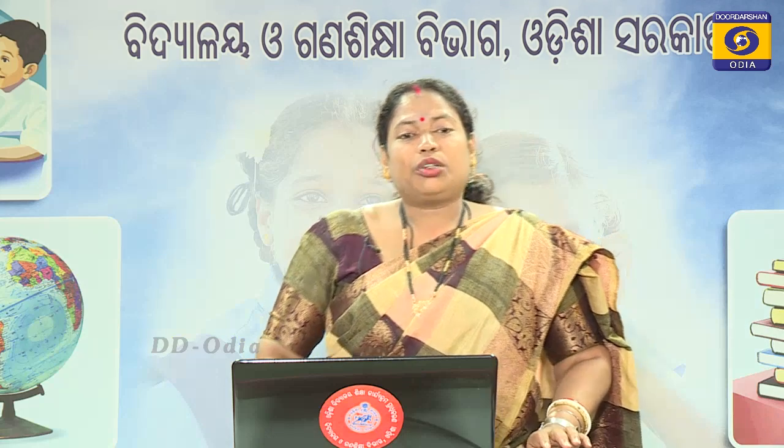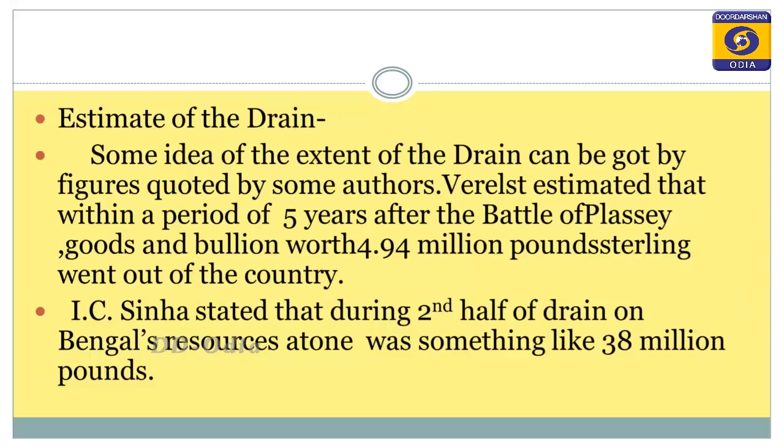Then we will discuss the estimate of the drain. Some idea of the extent of the drain can be got from figures quoted by some authors. Whereelst estimated that within a period of 5 years after the Battle of Plassey, goods and bullion worth 4.94 million pounds sterling went out of the country.